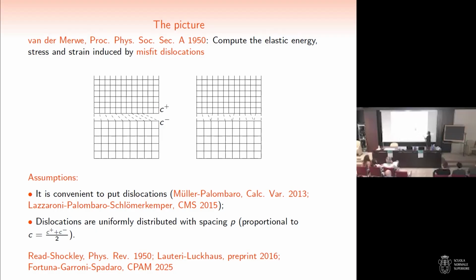What van der Merwe said in his paper is that if I have a misfit between these two lattices, it's convenient to have an alternation between elastic and plastic parts, and that this alternation is periodic. This is the starting point of the computation in this paper.